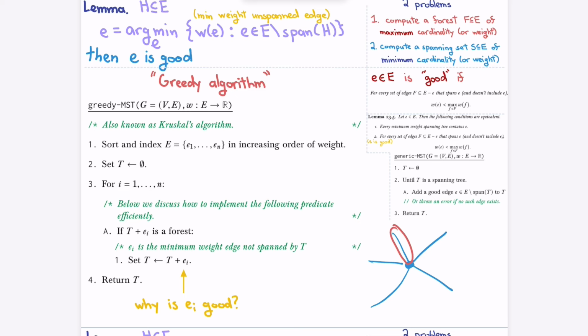How could I do that? Because if that were true, that's great, because then every vertex can just pick its minimum weight edge, and I'll take a lot of edges at once.